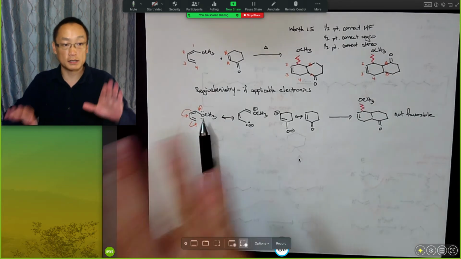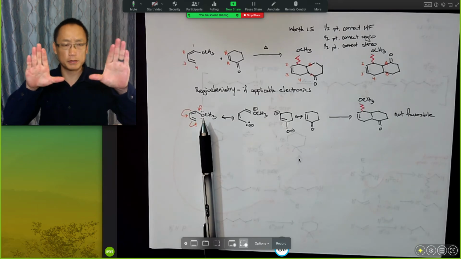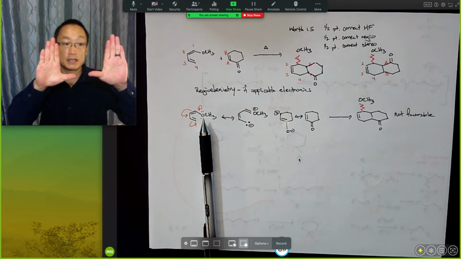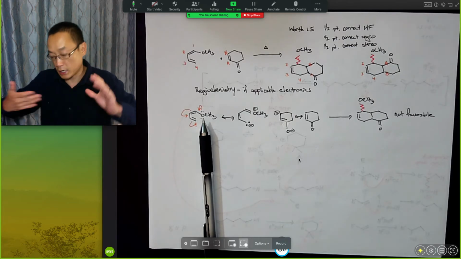Again, I can't remember exactly what plus and plus, but you get the idea that this is not favorable when the pluses and the minuses here are on the same sides of the molecule. We want those on opposites.